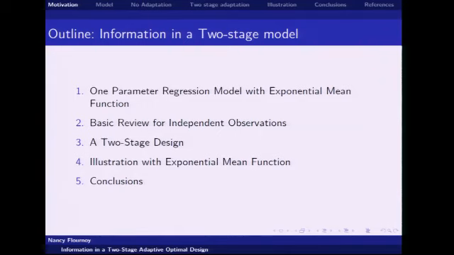And I'm going to review the information theory for independent observations, so that gives us our notation and also provides a way to contrast what happens in the adaptive problem from what happens with independent observations, introduce the two-stage design and what happens there, and then I have some illustrations.